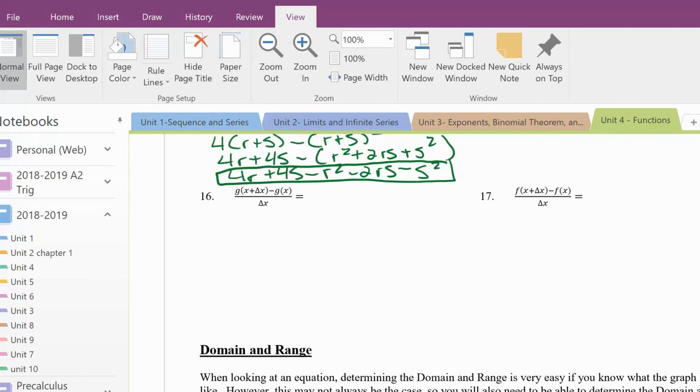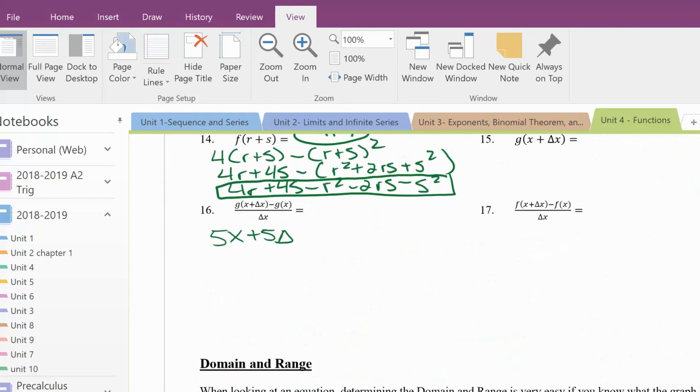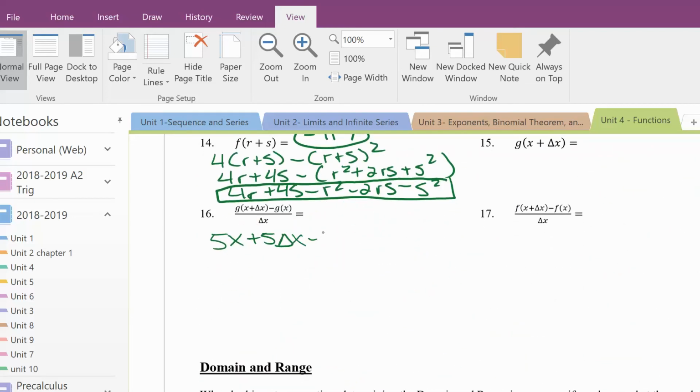So 16. So you have g of delta x plus x because you did that previously. So that's 5x plus 5 delta x minus 3. Minus g of x, which is 5x minus 3, all over delta x.